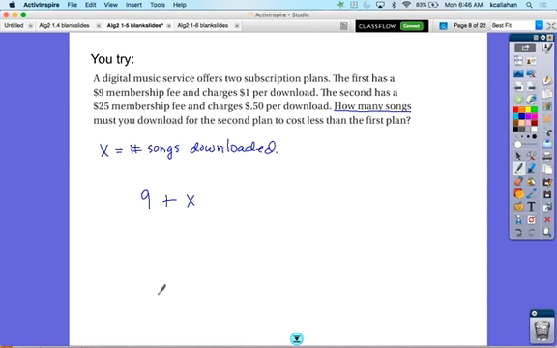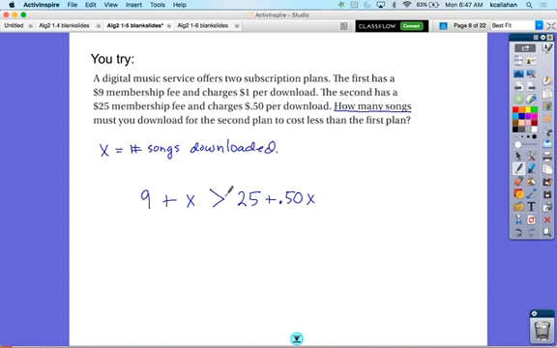The second charges $25 and 50 cents per download, so that'll be plus 0.50 times x. So we want to know what x is going to be so that the second plan costs less than the first. So that would make the first greater than the second.